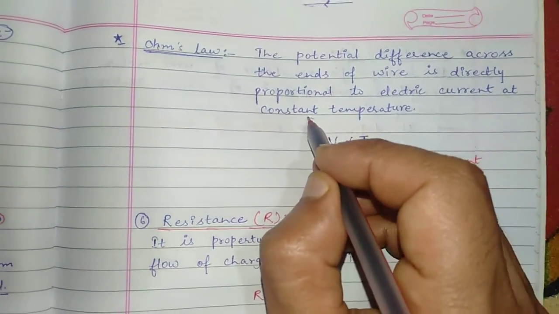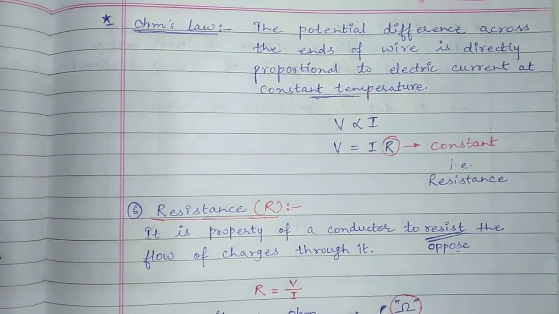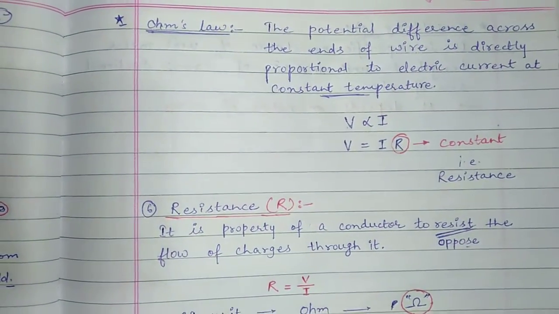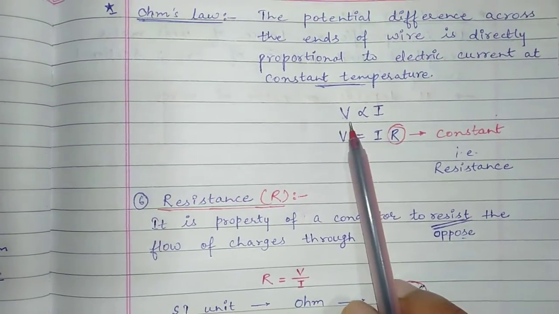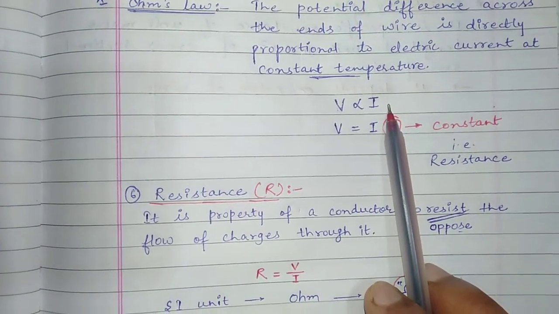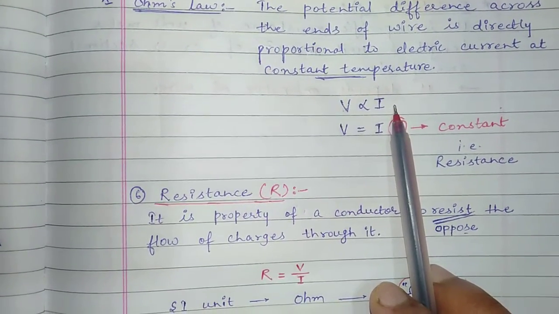And for that the temperature should be constant. If the temperature is not constant, Ohm's law cannot work. So potential difference is directly proportional to the electric current flowing into the circuit or the wire.